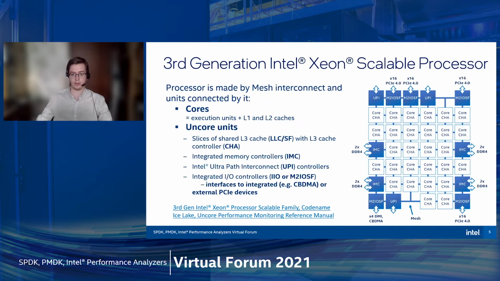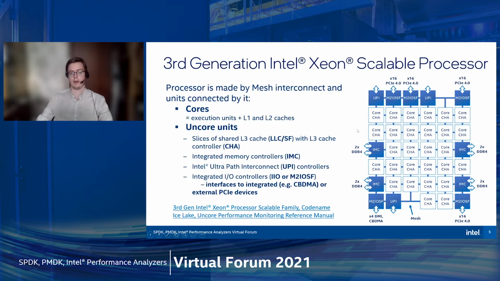And there are a few different types of uncore units. Let me quickly walk you through these different types. First of all, we have the L3 cache controller, CHA, which is the coherence engine that manages a slice of L3 cache. L3 cache includes last level cache and snoop filter, and these units are placed all over the processor, basically next to each core on this picture.